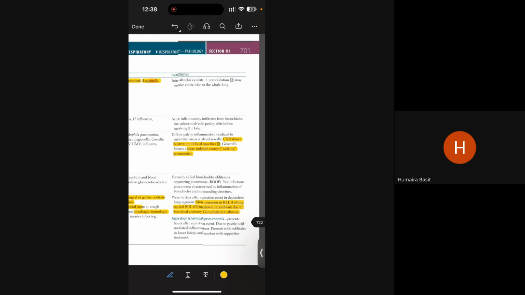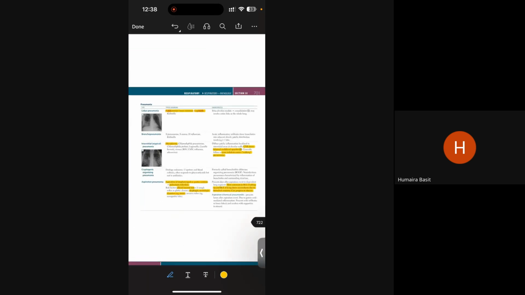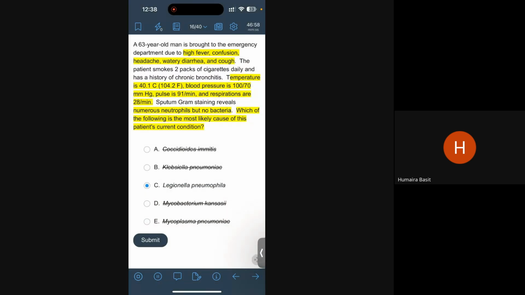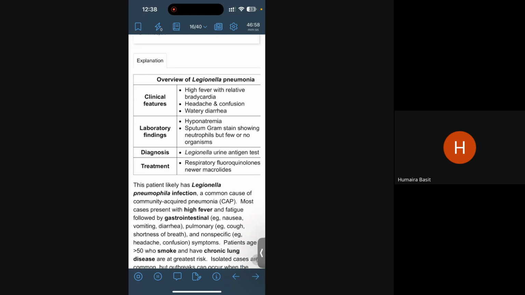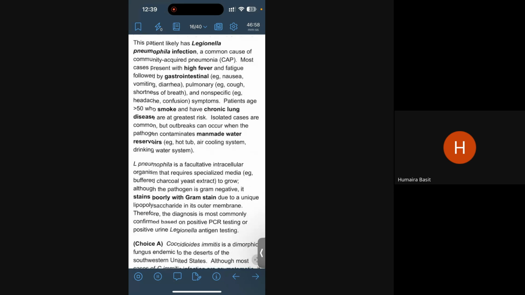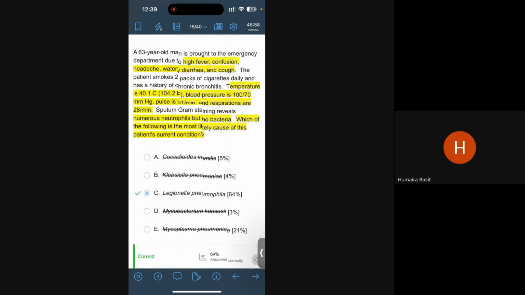The patient will have a low grade fever. Hyponatremia, urine antigen test. Let's move on to the next one.